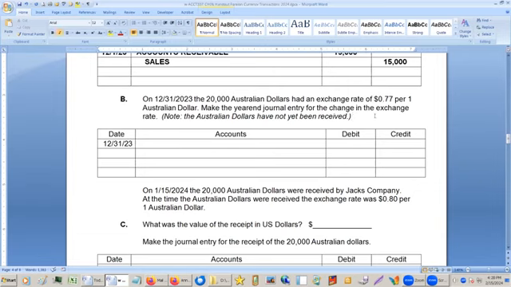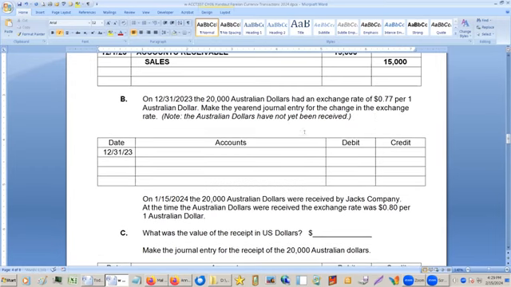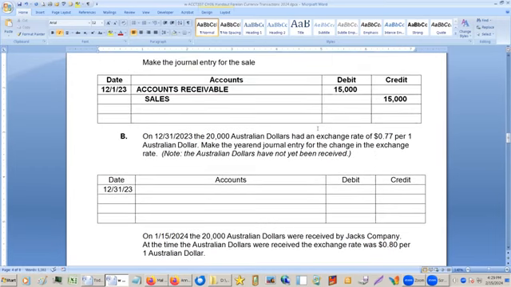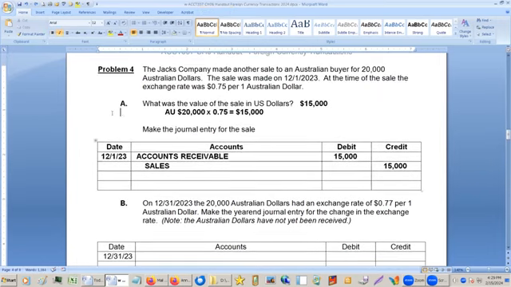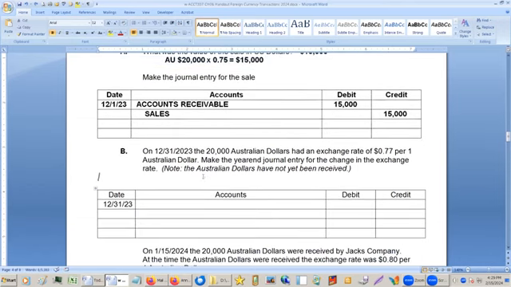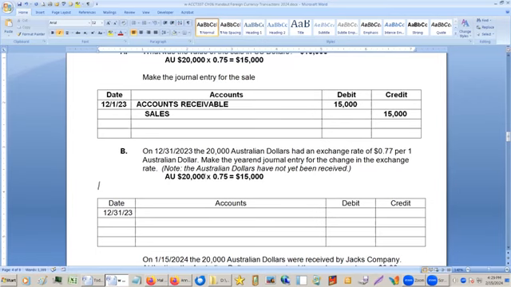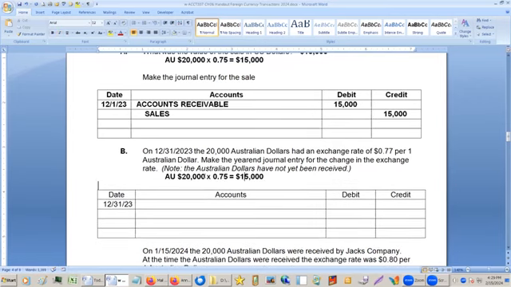Okay, so this is the value of it at year end, whatever that is. 15,400.